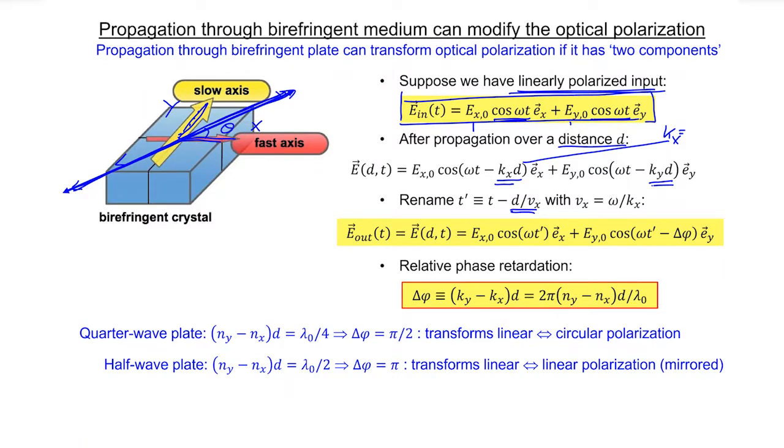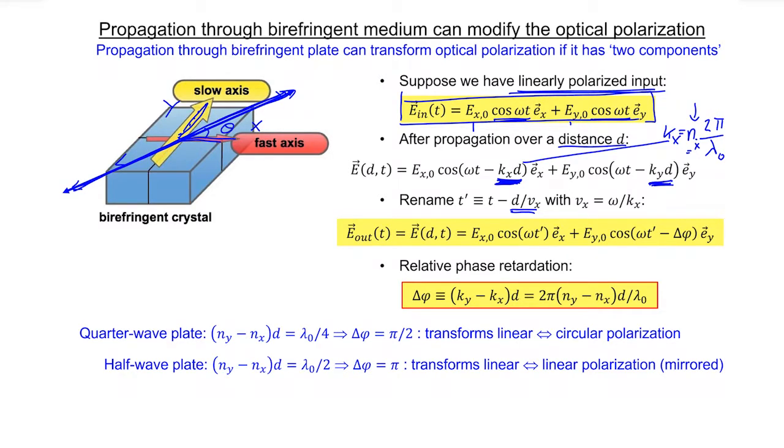And this wave vector is 2 pi over lambda, but it's lambda in the medium, which means it's the vacuum lambda divided by the refractive index, and because it's in the denominator you get it here in front. So if the refractive index for one polarization differs from that of the other, this phase that you acquire upon propagation for one polarization will also differ from that of the other.